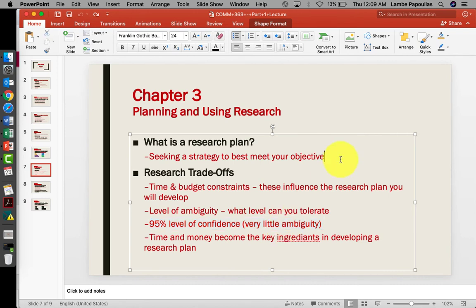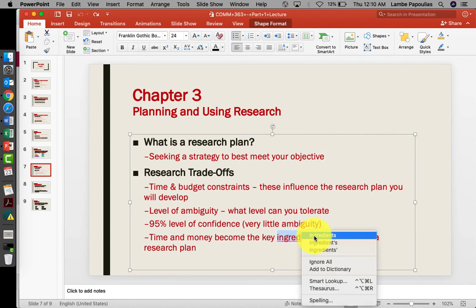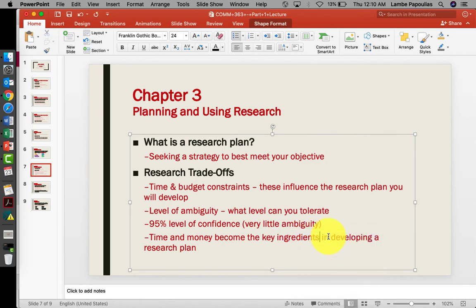So whenever you're conducting research and running regression on any kind of program such as SPSS, you really want to be at a 95% level of confidence and say, we conducted our research and we're 95% confident that this is the right method to go with. Time and money can become the key ingredients in developing a research plan. So keep that in mind.